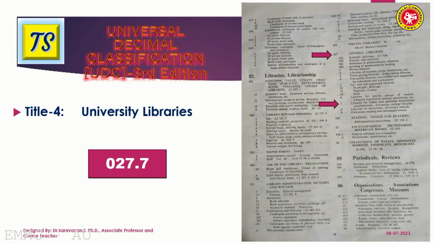If you open the schedule, you can find that 027 refers to general libraries. Do not forget 027 is the division of 02, and it is further divided into 027.7, where the university libraries exist. You can find the number under dot 7.